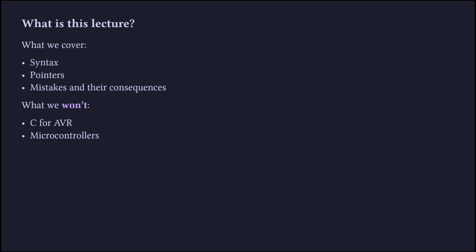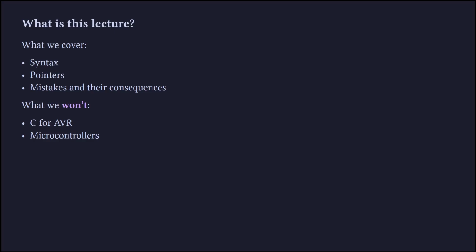Obviously, we're not going to be talking too much about a lot of the stuff for 2010 today. C for AVR, AVR being the architecture of the microcontrollers that we're working with. It's very hard to show examples for stuff that occurs on embedded chips without obviously having one on hand, and it's much easier to write programs in userland where we can see the output of things being printed to the console.